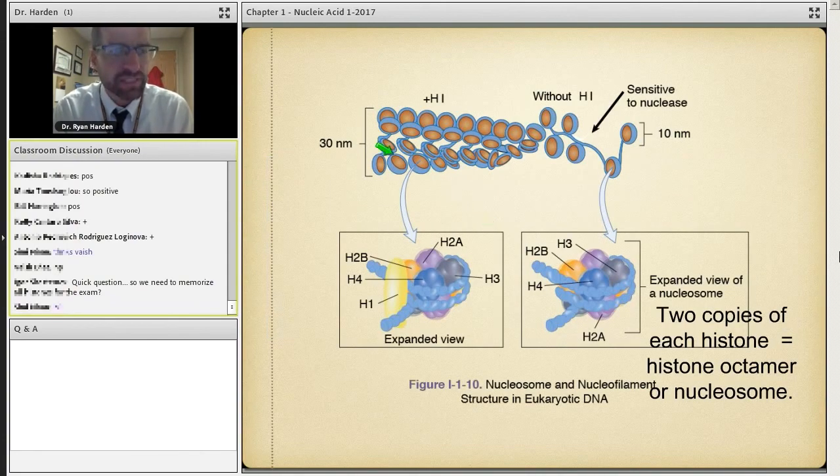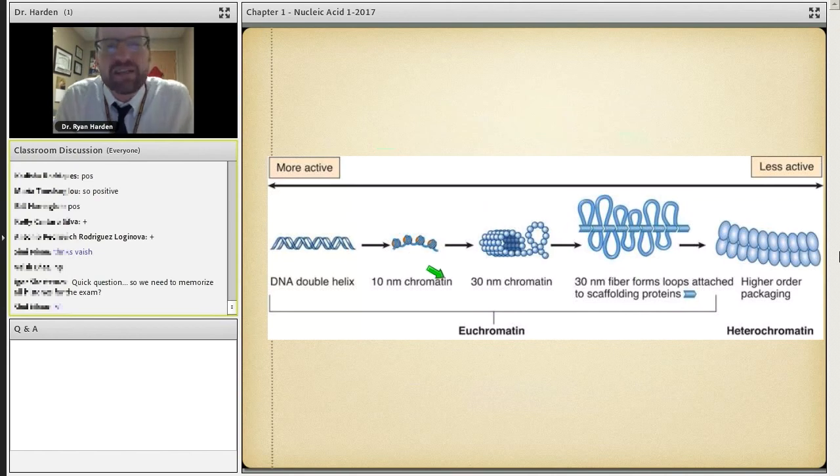So this diagram is basically the same as the diagram on the previous page. If you only have nucleosomes, the diameter of the DNA is 10 nanometers. But if you add histone H1, then it's chromatin, 30 nanometers in diameter. In order to do it like this, you need histone H1.